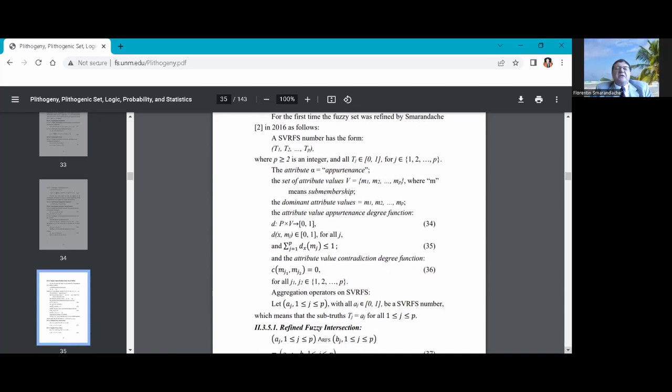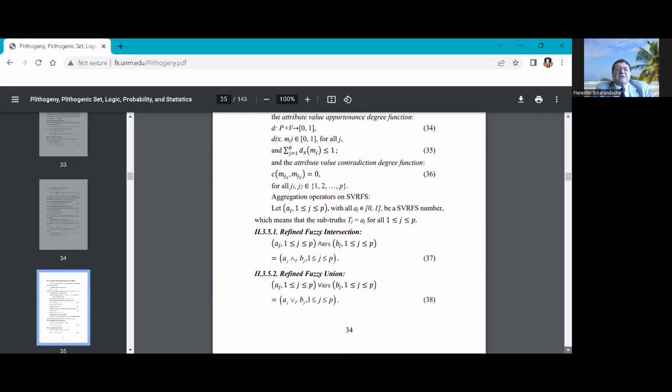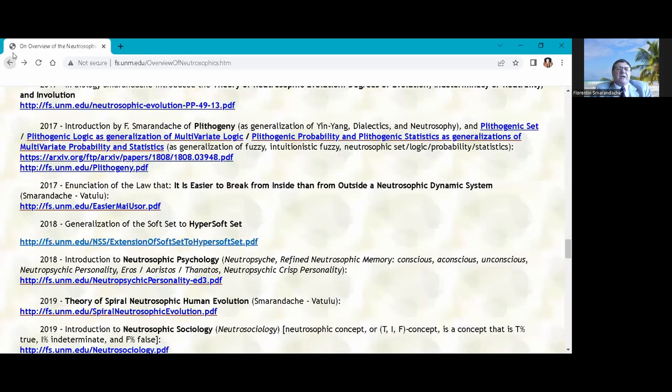So using the pletogenic set, actually we can characterize everything, because every object, human, every being, and so on, even ideas, propositions are characterized by many attributes. And with respect to each attribute, the element has a degree of each attribute.